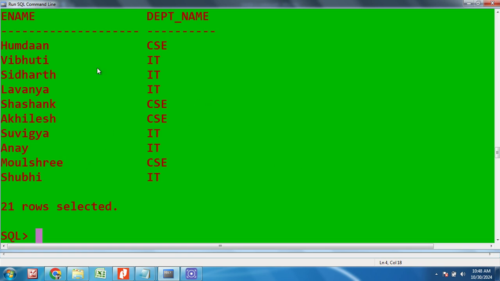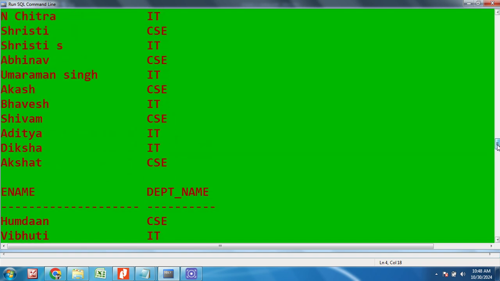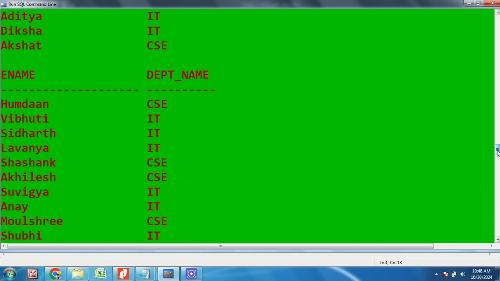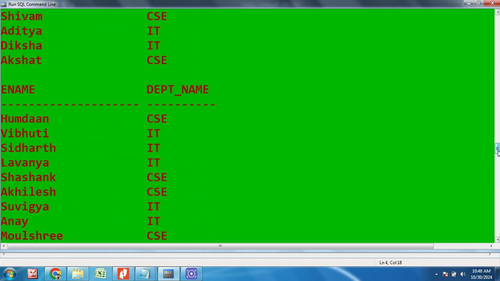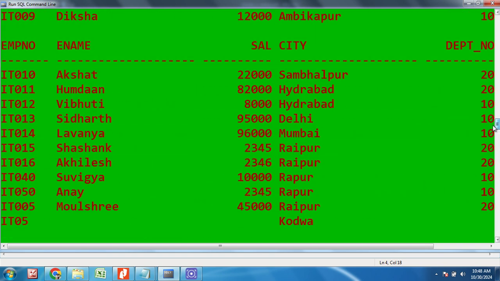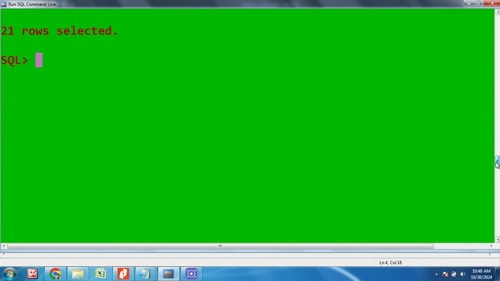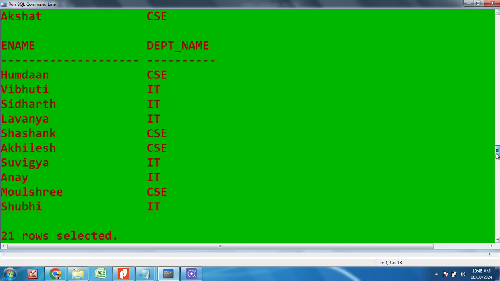So here we cannot see the name of Himani. But as soon as I use the plus symbol, I can see the name of Himani. So this is an example of left outer join.